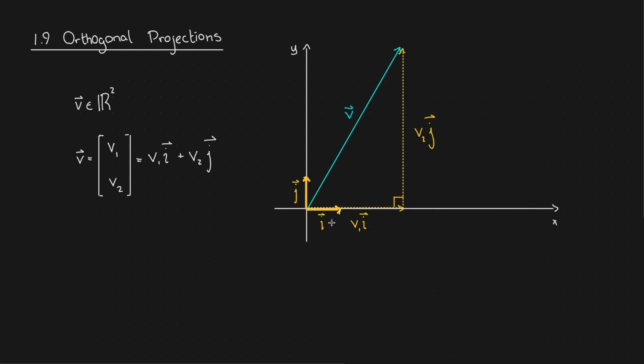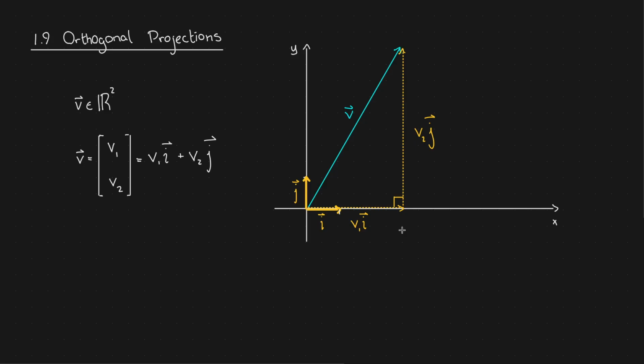And so instead of thinking about just vector v, what we're really doing is we're breaking vector v up into two directions. How much in the direction of vector i, the standard unit vector pointing in the x-axis direction, and how much of vector v is going in the direction of vector j, the standard unit vector pointing in the direction of the positive y-axis.